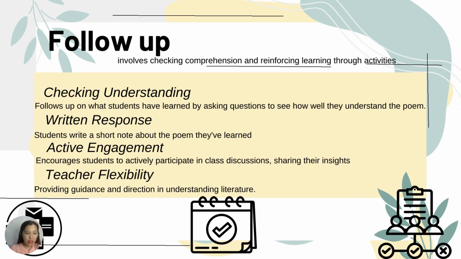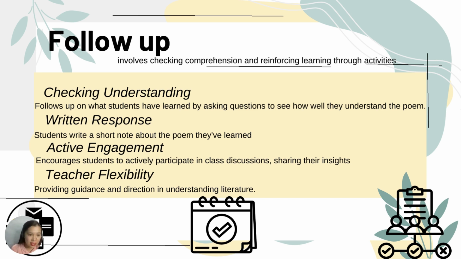For a quick meaning, follow up involves checking comprehension and reinforcing learning through activities. One of the famous follow up activities is the question and answer. This helps to check if the students have really understood, or how well they have understood the poem.